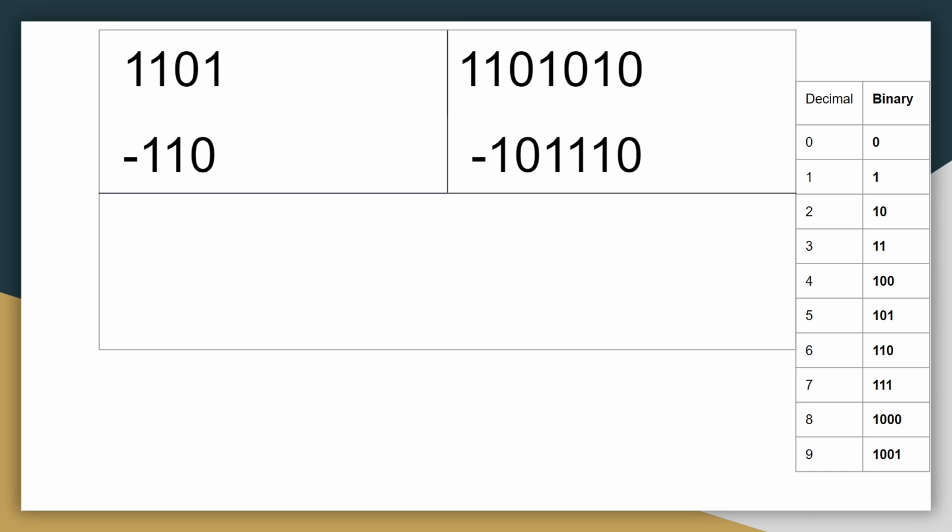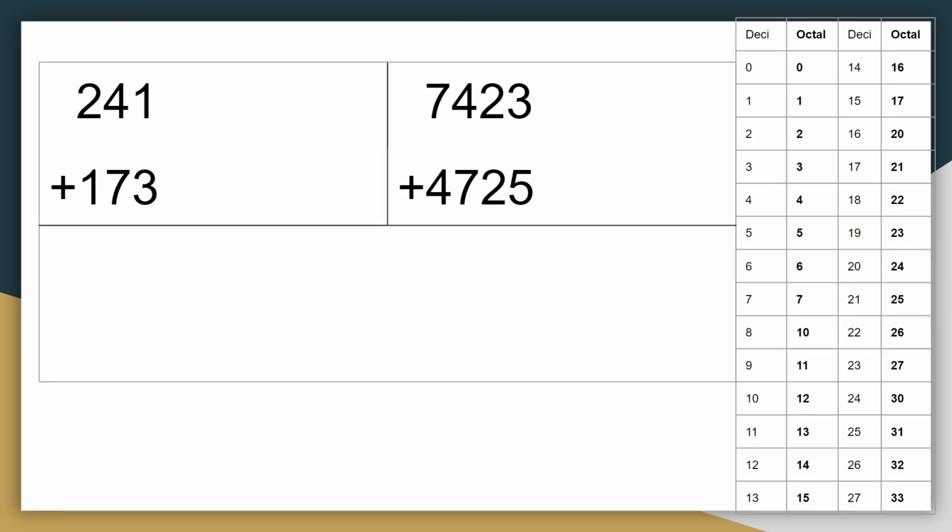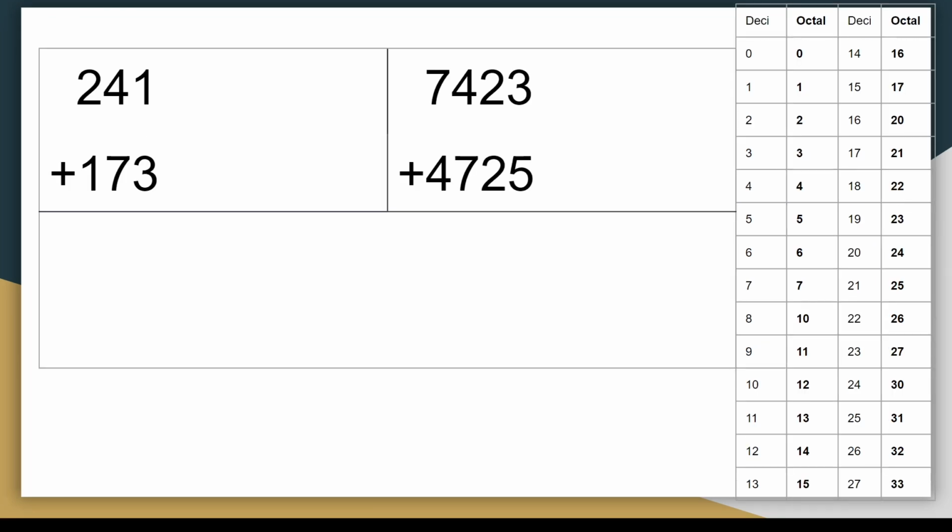Now let's move on to octal addition. The first example is 241 plus 173 octal. So we have a table on the side over here. 1 plus 3 is 4. It's normal until the digit 8, remember? So it's just 4.